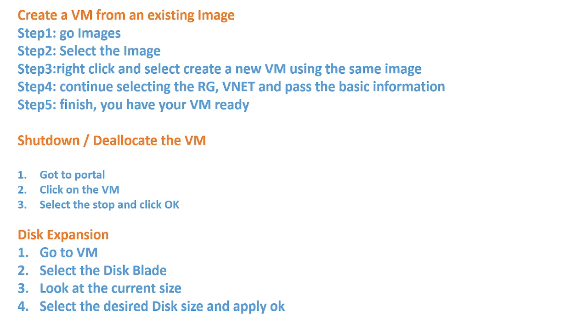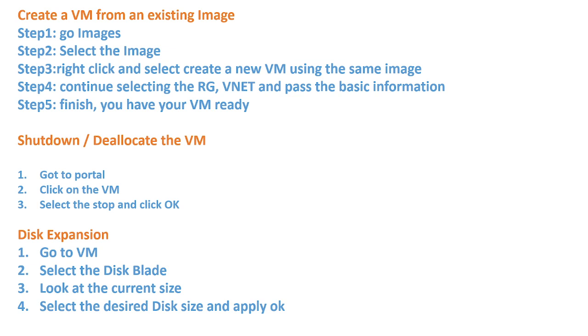The third option is to create a virtual machine from an existing image. I told you, you can take the image to safeguard the application or the entire computer, to reuse it, to save time and to avoid all the manual installation of the agents and so on, right? How to do that?